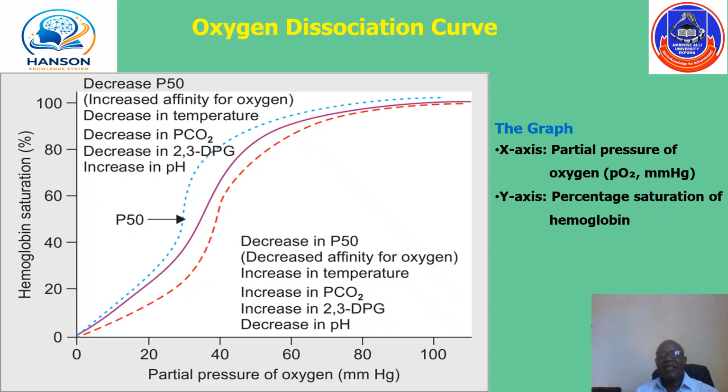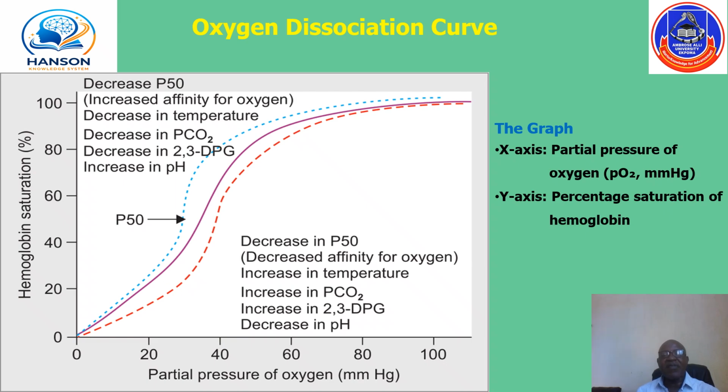The x-axis is the partial pressure of oxygen measured in millimeters of mercury, while the y-axis is the percentage saturation of hemoglobin. You can see the graph is taking the shape of an S, so we refer to it as sigmoidal.